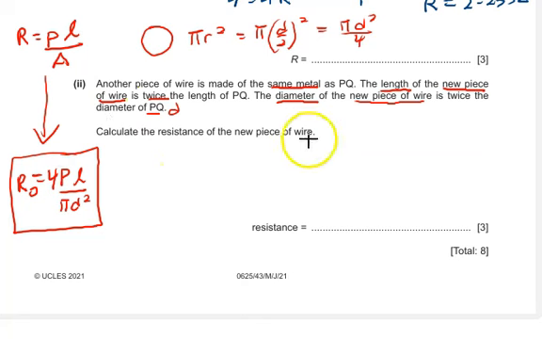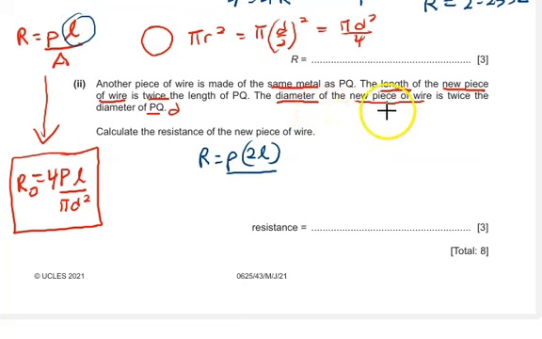Now we have to modify this. We are going to use the same one. The length is 2 times, and the diameter of the new piece of wire is twice, which means 2D over 2.